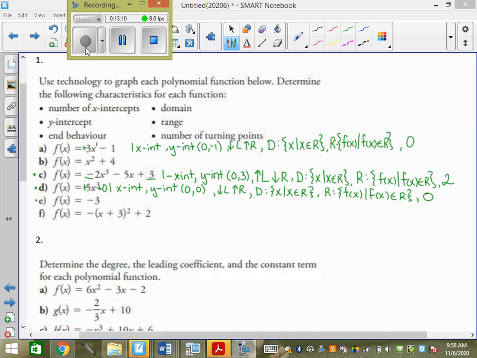Now this one's just a horizontal line. Y equals -3, right? It's constant. So how many x-intercepts do I have? 0 x-intercepts. What's my y-intercept at? 0 and -3. Left and right, it's neither down nor up. It's just constant. Or you would just say constant.